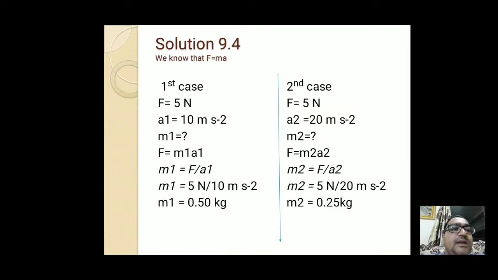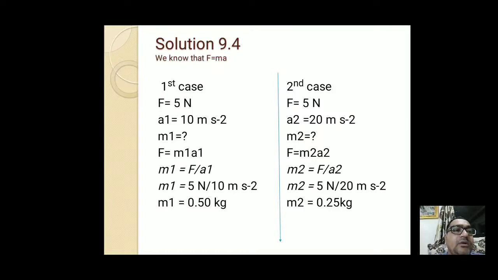And students, on the right hand side, let's find m2. Our basic formula is F is equal to ma. This is the second case, so second mass and second acceleration. First we rearrange the formula because we have to find m2. So m2 is equal to F upon a2.